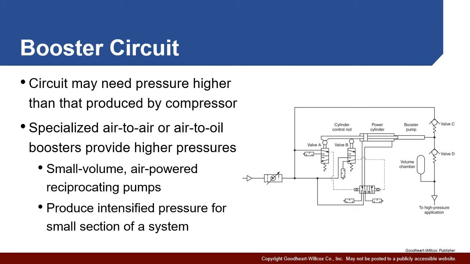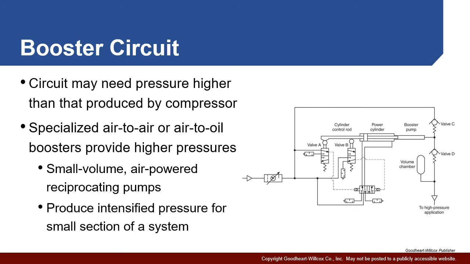So it might be something to hold something or associated with some sort of press or something like that. And it wouldn't be economical to run the entire pneumatic system at this elevated pressure. Or an alternative would be to put in a secondary pneumatic system that operates at high pressure. Both of those are pretty costly. This is a relatively inexpensive way to accomplish the same task.